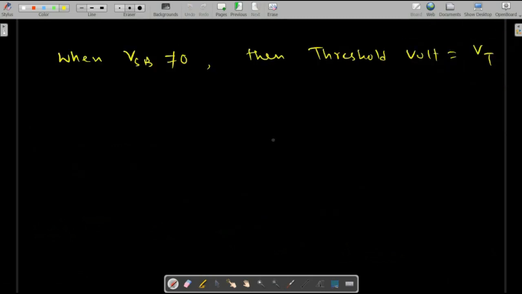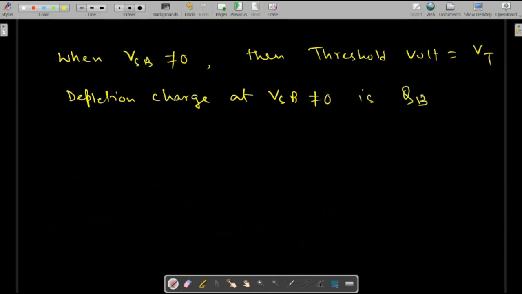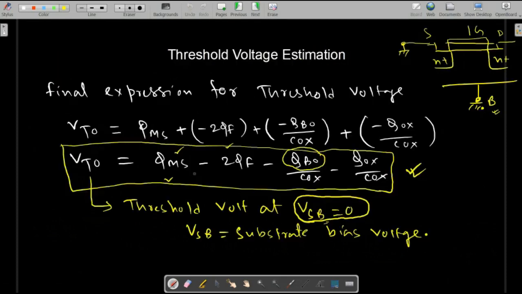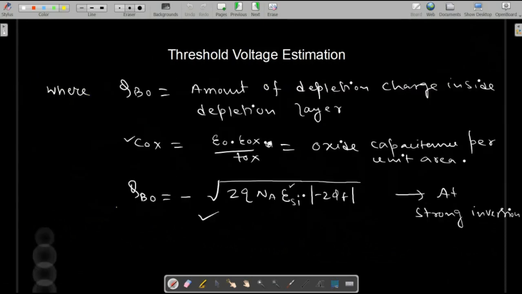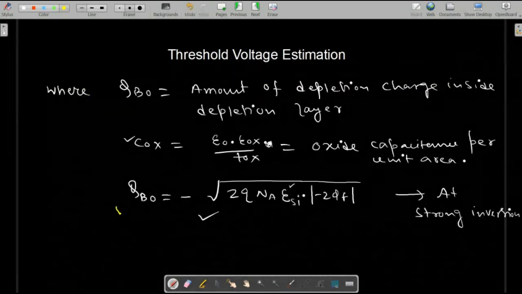Okay. So then the depletion charge at VSB not equal to 0 is QB. So previously it was QB0. Now I am writing the depletion charge at VSB not equal to 0, that is equal to QB. And the expression for QB, so we have QB0 expression here. So what will be the modification in this equation?